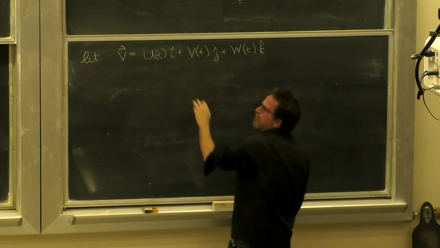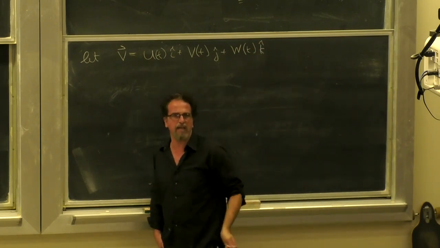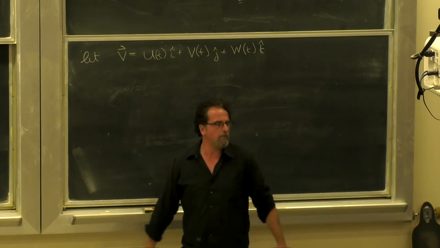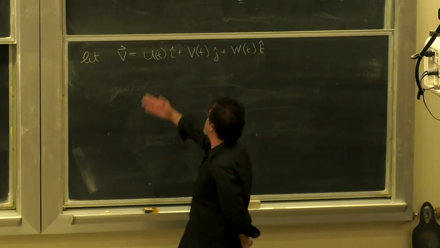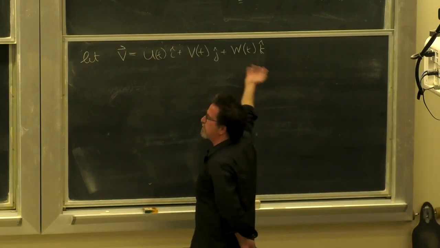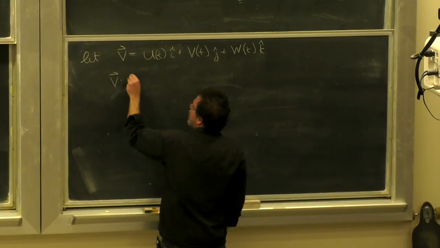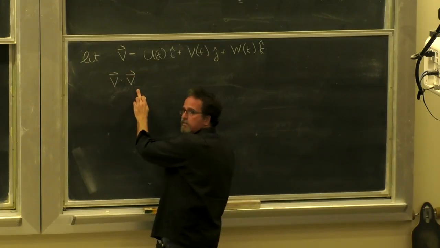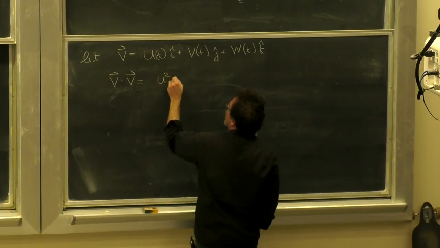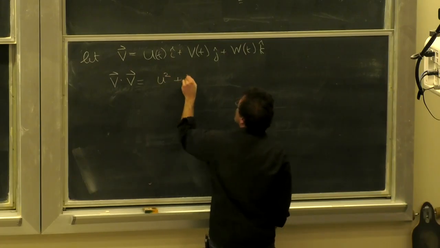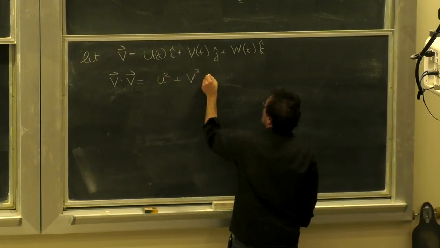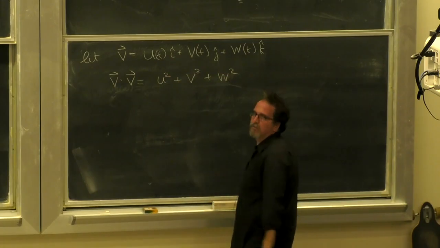Again, I told you this was fluid dynamics notation. I think I used it last week. Just components of that vector, okay? Each of these are the time derivatives of x, y, and z. Now, v dot v, the dot product of v with itself, is simply U squared, which is a function of t, plus V squared, which is a function of t, plus W squared, which is a function of t.